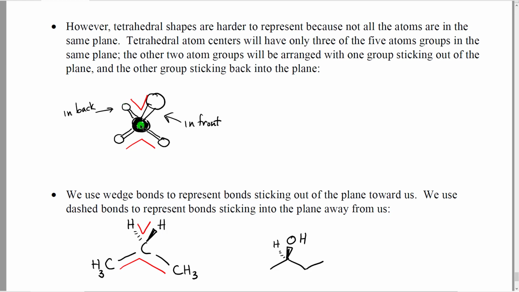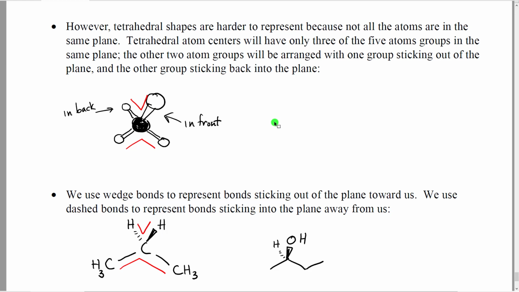The other thing it's important to note is that technically from this angle, these two atoms should actually be perfectly aligned and essentially be overlapped on top of each other. We generally don't do that because if we want to write the groups that are at the ends of those bonds, or the atoms that are at the end of those bonds, if we write them right on top of each other, it becomes almost unintelligible.